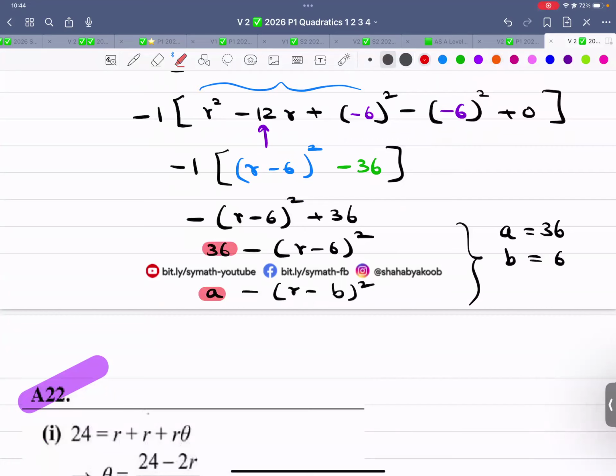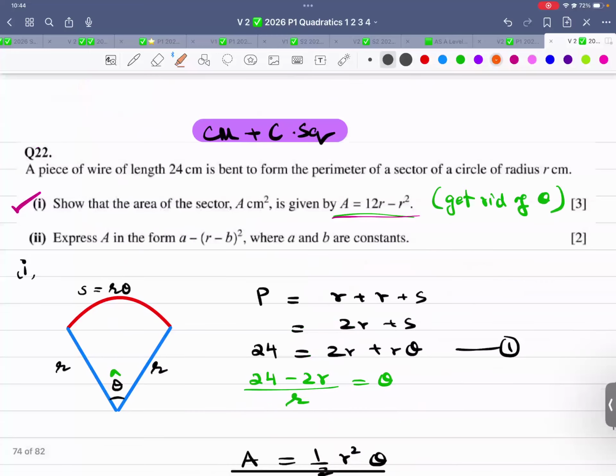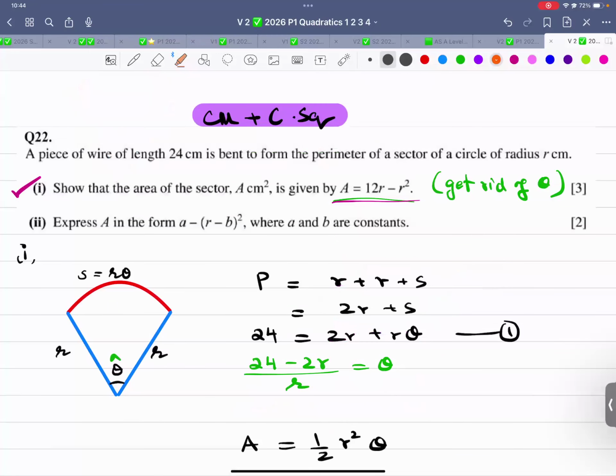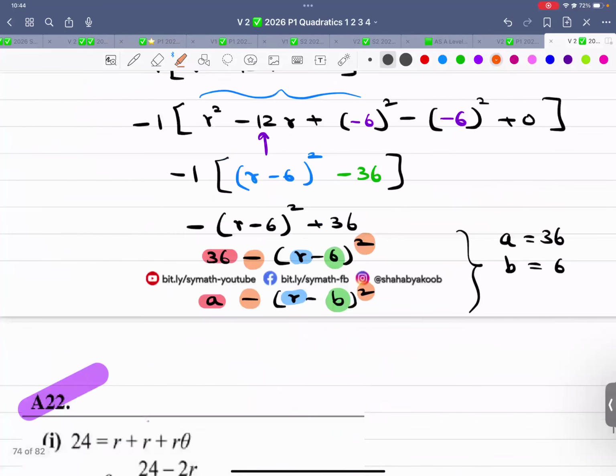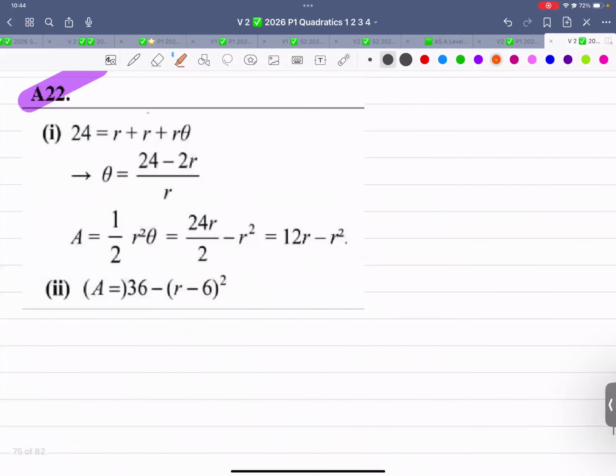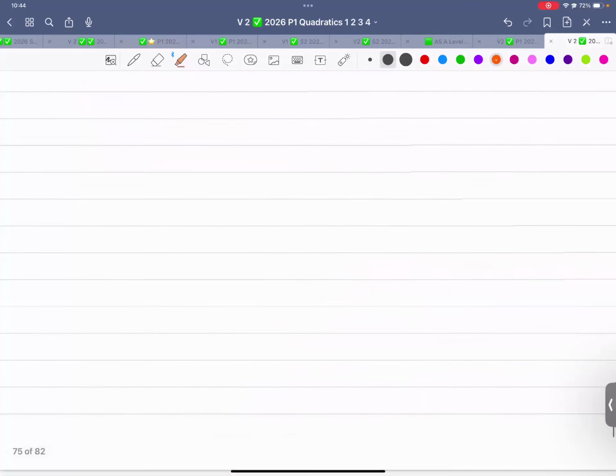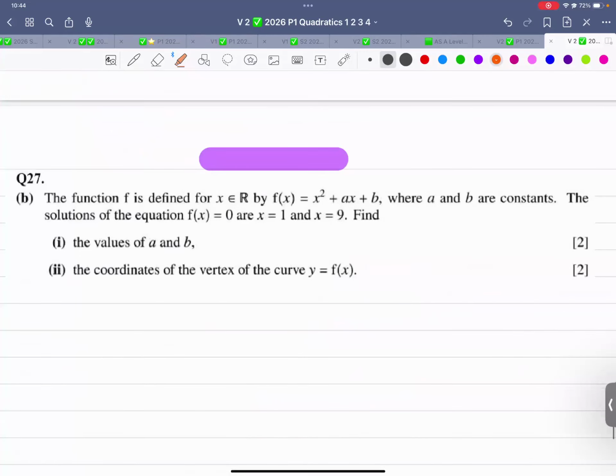This 36 is your A. This r is your r. This minus 6 is your minus B. This square is your square. And this negative is your negative. So just do comparing coefficients. A is 36, B is 6. They are asking us to write in this form. They are not asking for A and B separately. I have done something extra on my part. So now this thing is also done and dusted.